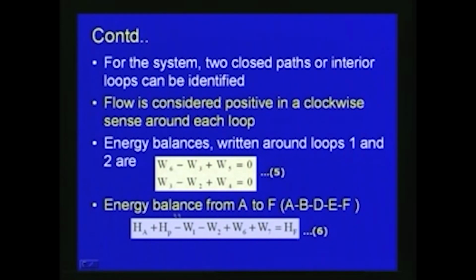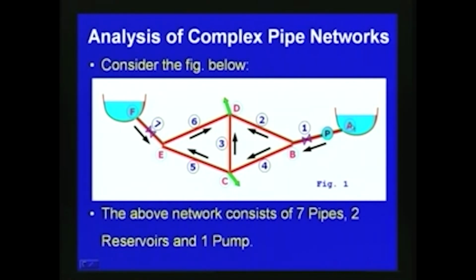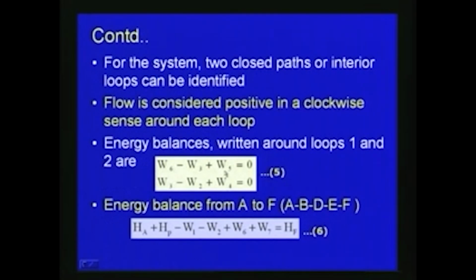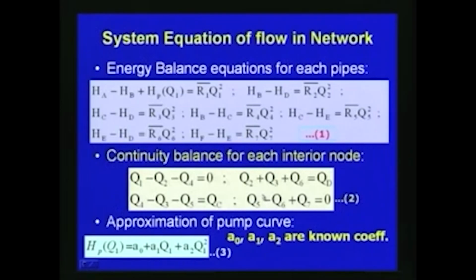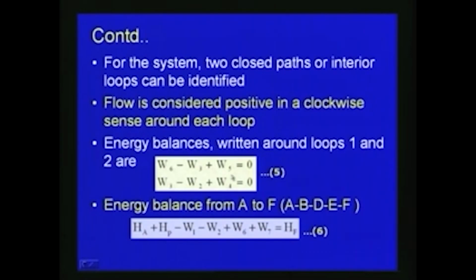So, with respect to the energy balance around loops we got 2 equations. Now, the energy balance from A to F. If we consider this figure, from reservoir A to reservoir F, we can write the equation from A to F by considering A, B, D, E, F. So, we can write HA, the head at A, plus HP, the pump head, minus W1 minus W2 plus W6 plus W7, is equal to HF.